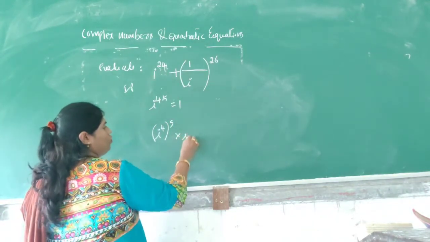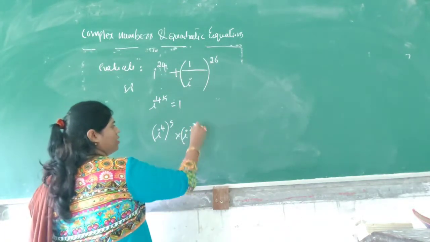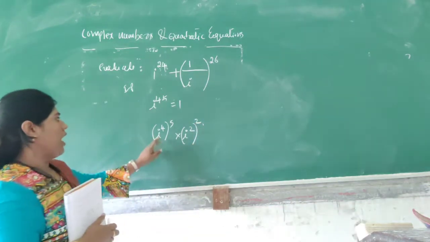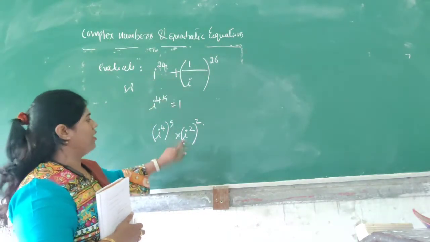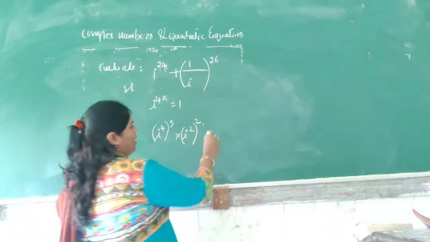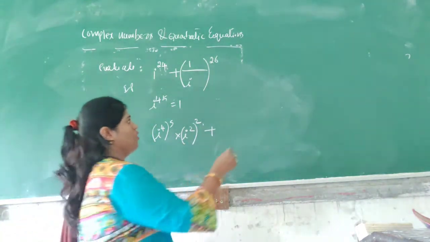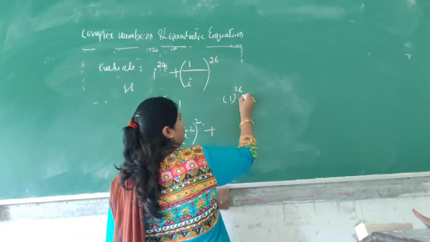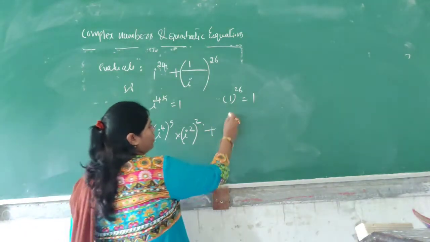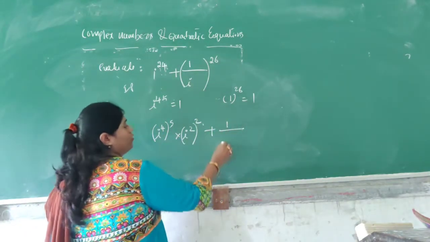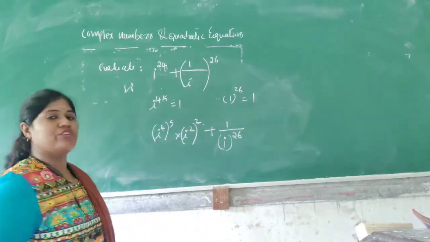That is equal to 4, and 4 means i square we can do, no? 4 fives are 20 and 4 is remaining, so i square. 1 to the power of 26 is 1. So no need to write 1 to the power of 26, and you can write here i raised to 26.